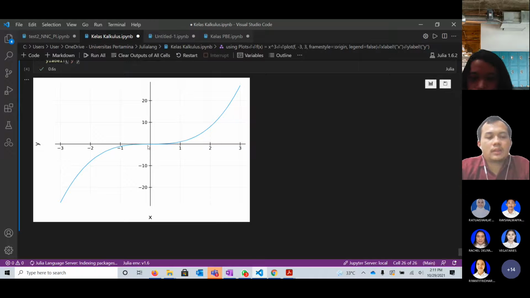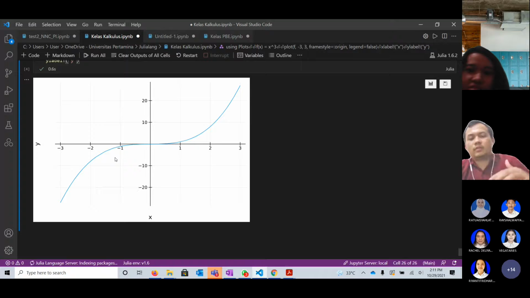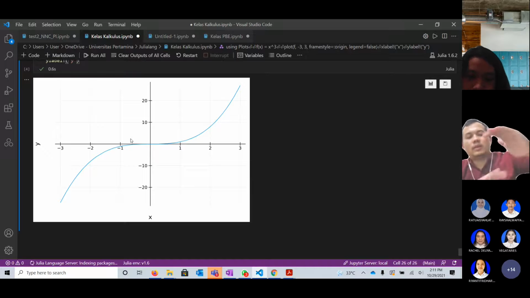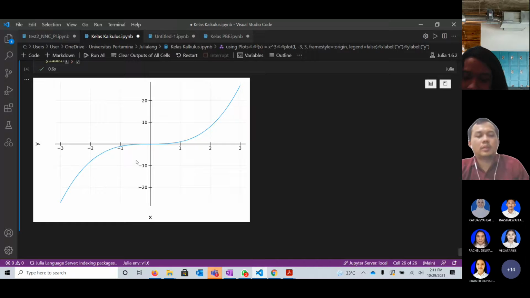So we see that on negative x, the curve is concave down, and on positive x, the curve is concave up. Ya. Jadi di sini kelihatan bahwa kalau x-nya negatif, kurvanya cekung ke bawah. Kemudian ketika x-nya positif, dia cekung ke atas.